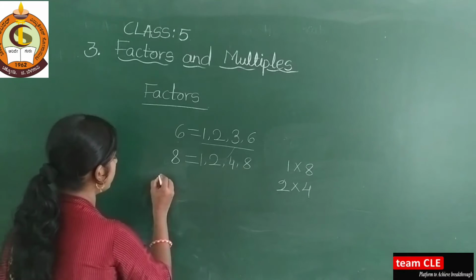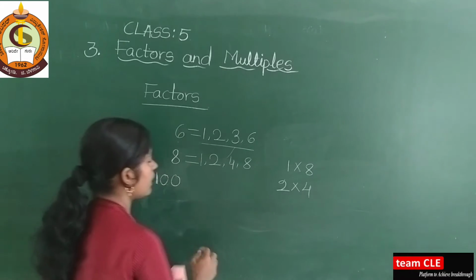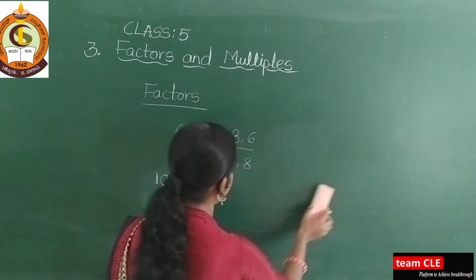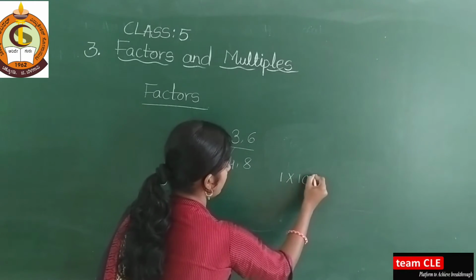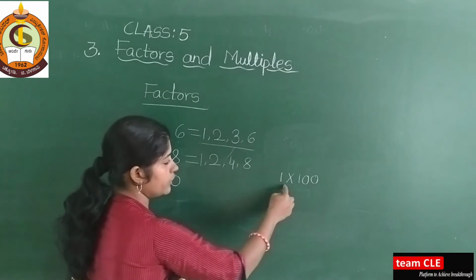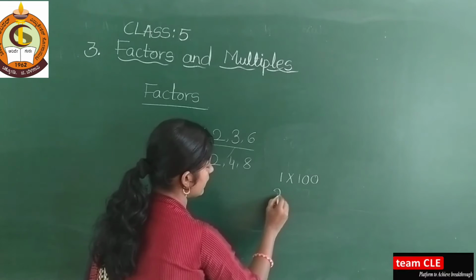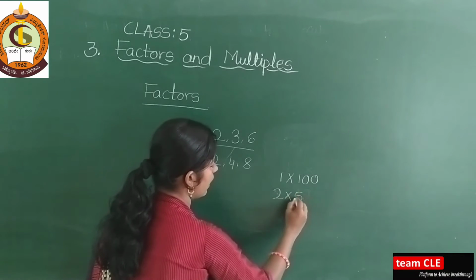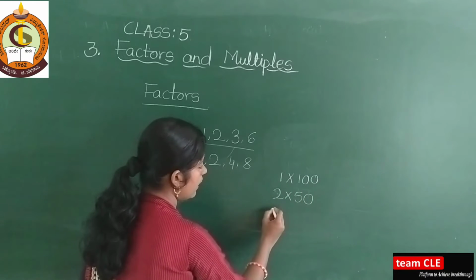Let us take one more example. I will take 100. Tell me, 100 is there in which tables? Yes, 1 into 100, 100 ones are 100. Next, 2 50s are 100 and 50 2s are 100.